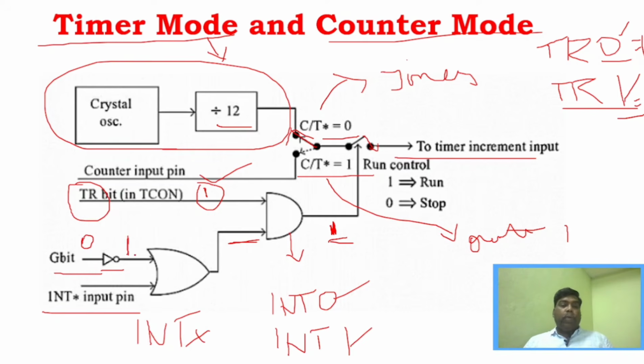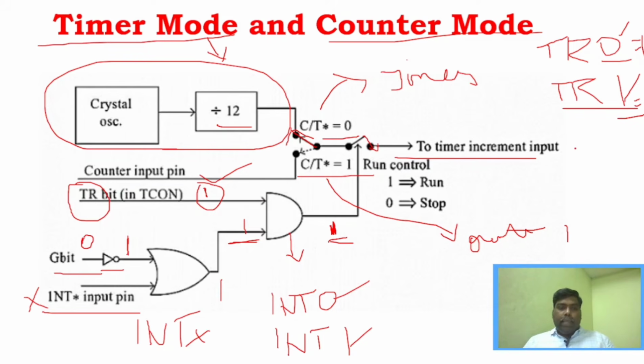So if this is 1, irrespective of the value of this INTX pin, we don't need to worry about it. It can be 0 or 1, whatever it may be, because it is an OR gate. Whatever is combined with 1 will automatically give 1. So both inputs will be 1, and the AND gate will give 1. So the switch will be closed, and the counting operation will start.